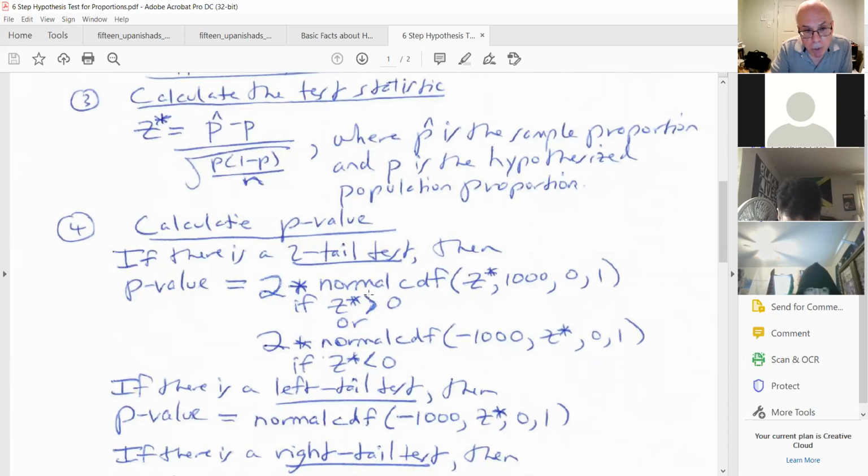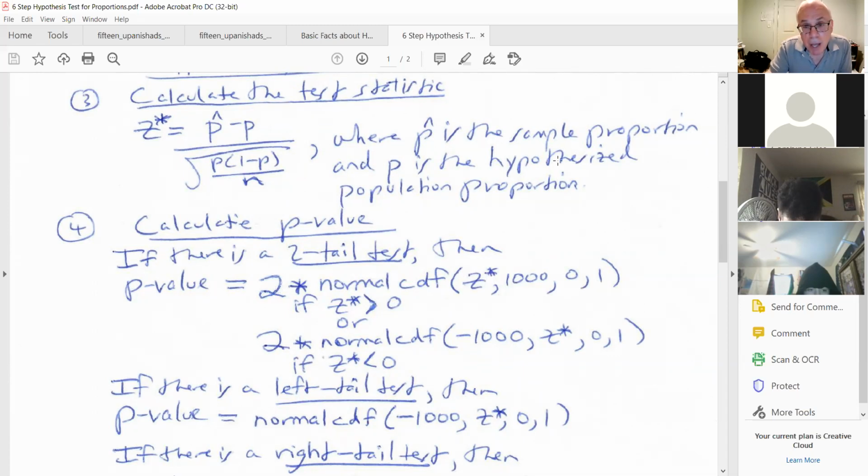Then what we're finding in normalcdf is the probability that z is at least that value. So we put z star first, as if we're doing a right tail, which we are. For the end of the interval, use 1000, and then the mean is 0 and standard deviation 1, because it's a standard normal z. And notice we multiply it by 2.